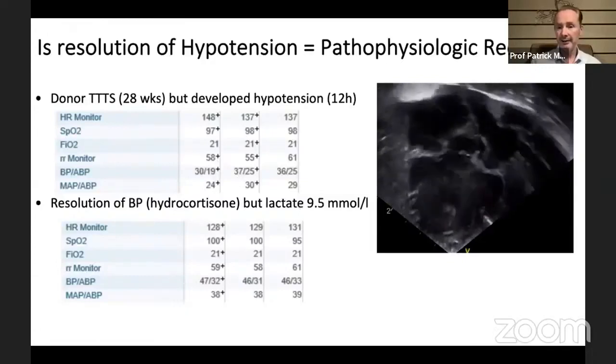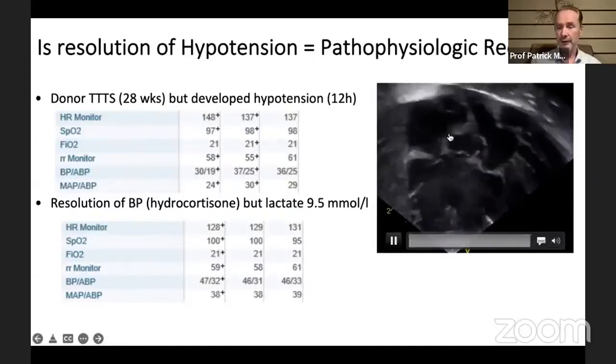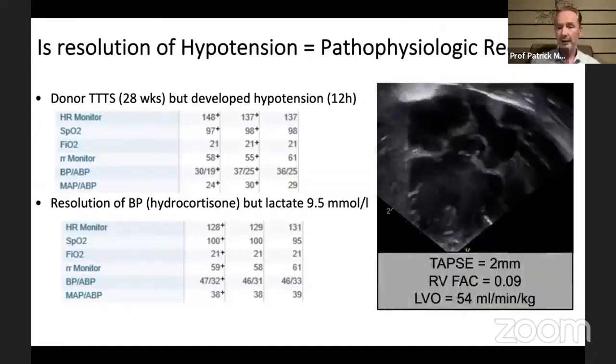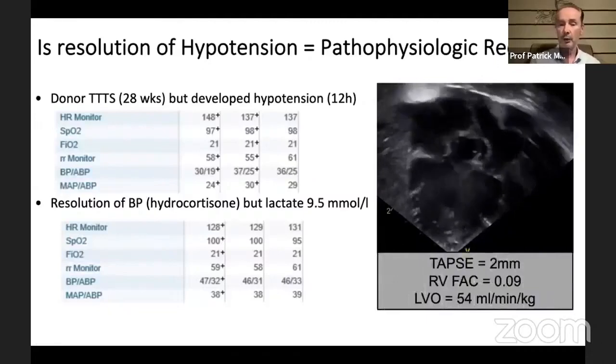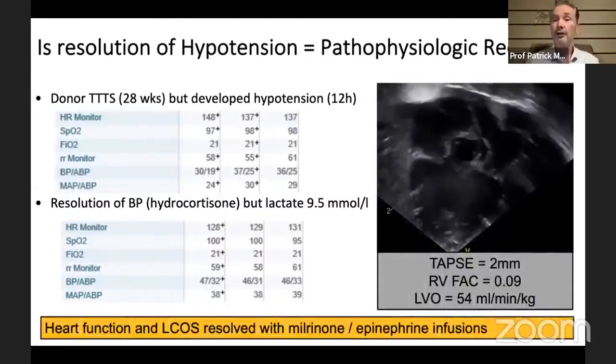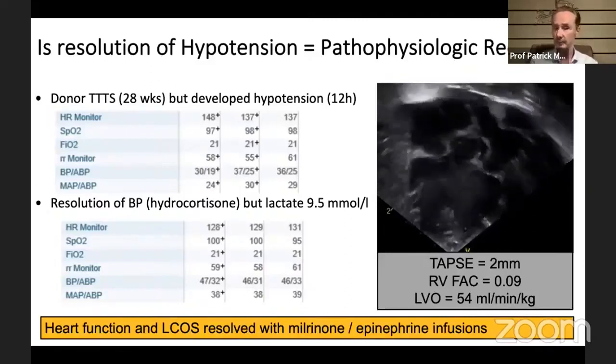The image on the right-hand side is a RV 3-chamber view. And what you can see here, and you don't need to be an echo expert, the right ventricle is profoundly dysfunctional. So this infant had subclinical evidence of impaired RV function with a low cardiac output state, and the administration of treatment specific to the care of heart function led to resolution of the problem.